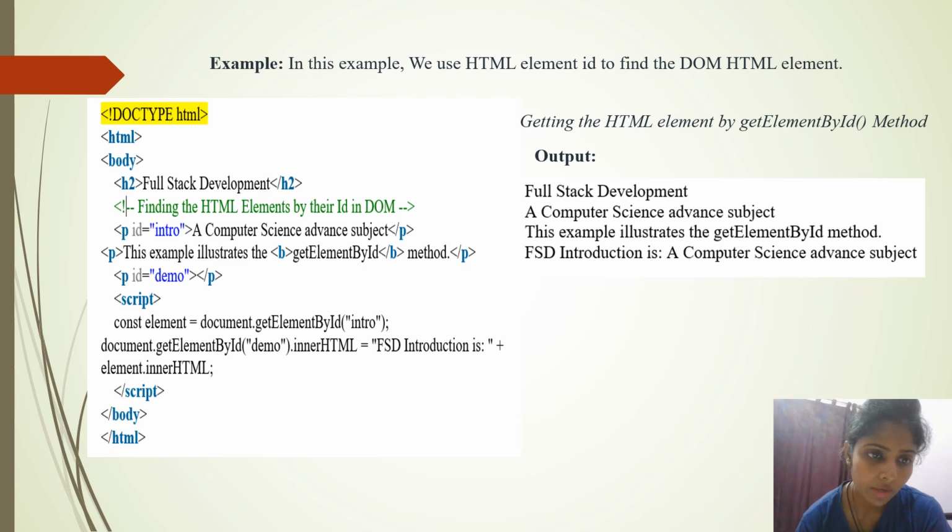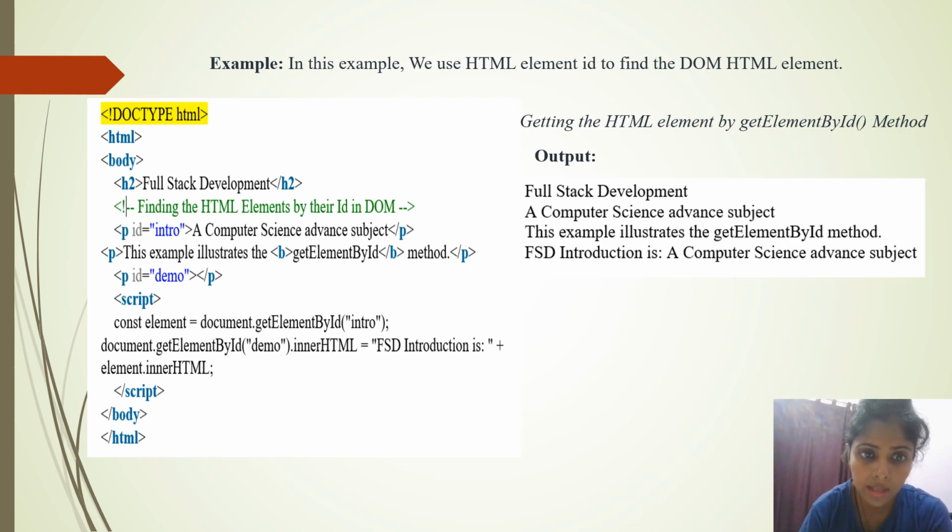So what we have written in the script: const element equals document.getElementById. Why are we using this ID? Because we are finding the element by ID to find the HTML element. Here we have used intro, which we also used before in the HTML tag: p paragraph id equals intro, so there we are calling our function.